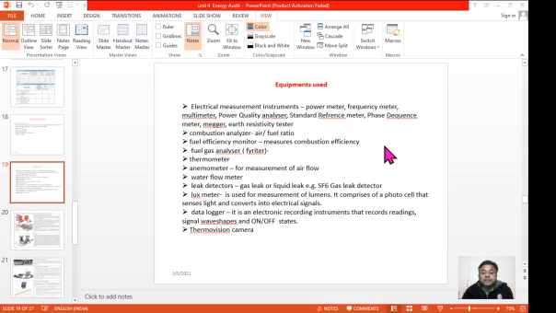Then anemometer is there for measurement of flow, that is also used. Water flow meter is there for measurement of flow of water. Then leakage detection, as I have told you, that gas or SF6 leak detection is conducted by leakage detectors. So in this way, number of instruments are there.